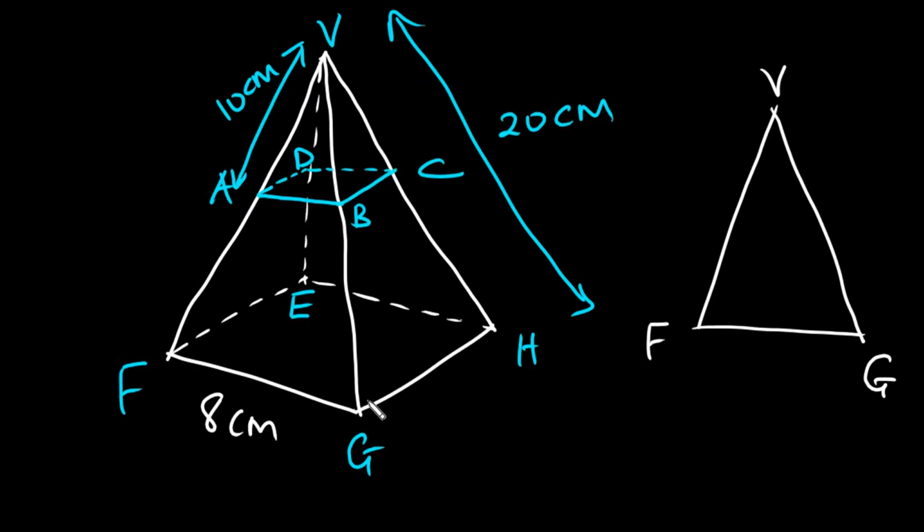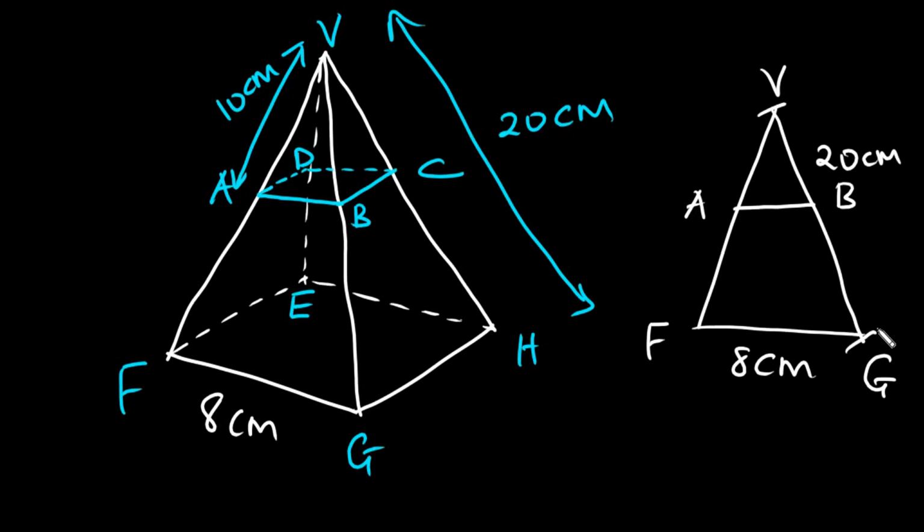Then we have this point, this point is A, and this is B. F to G we know is 8 centimeters, and V to G is the same as V to H, so V to G is 20 centimeters.